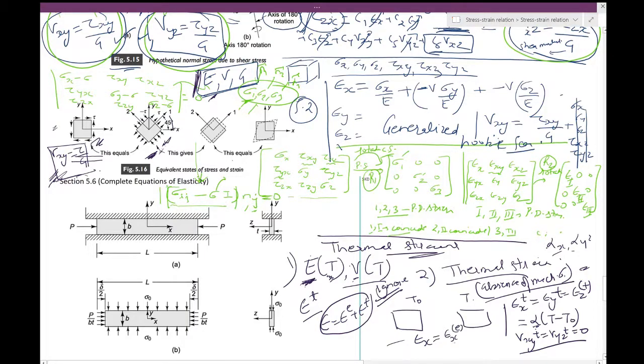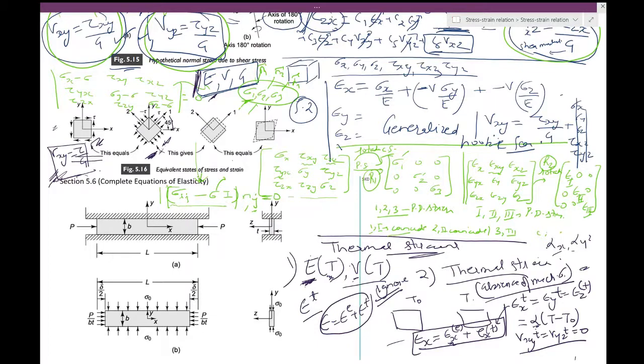This can come from Hooke's law, equation 5.2, and this Ex of T can come from over here. So the total normal strain in the X direction for this solid at that point will be equal to this. Okay, so that is where we can study this.